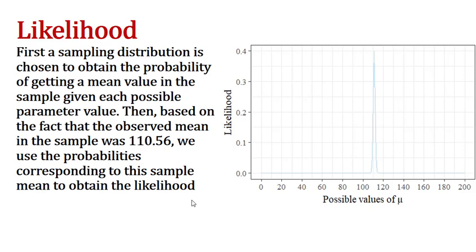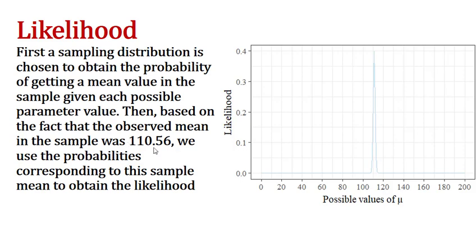Now, when we've got that distribution, we observe what the actual data is. In our case, 110.56 is the mean we observed in our sample. So we use all the probabilities that we had for that value, 110.56. So if the parameter was 70, how likely is it to obtain 110.56?